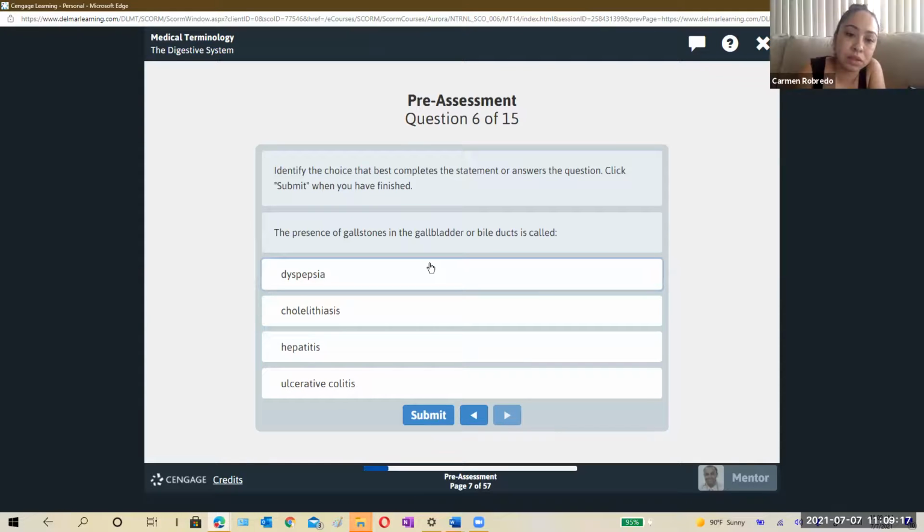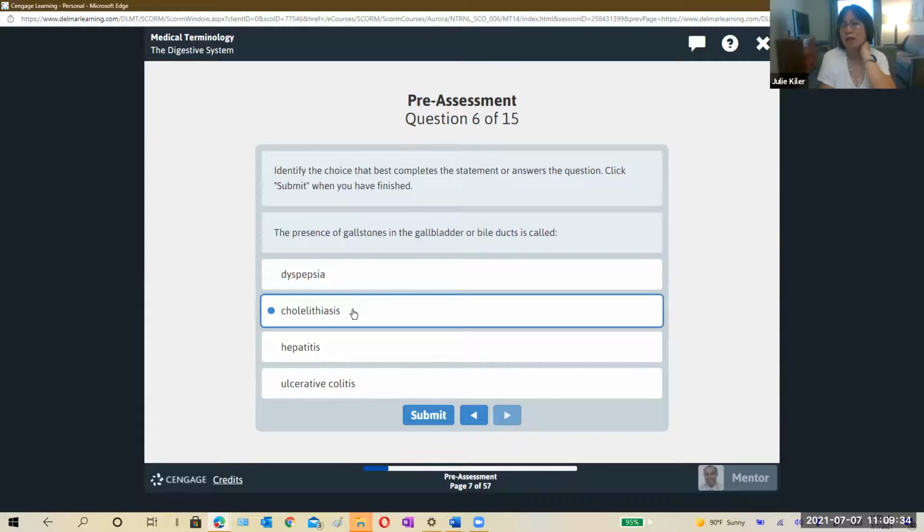The presence of gallstones in the gallbladder or bile ducts is called dyspepsia, cholelithiasis, hepatitis, or ulcerative colitis. Anybody can give an idea also? Yes, lithiasis means stones. Good.